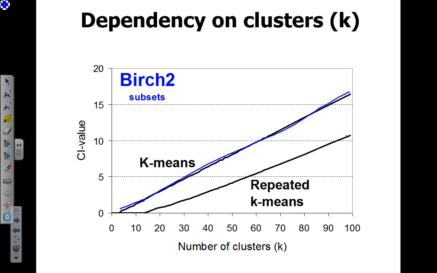Later, we will see the second curve also, by repeating K-means, what more we can do. But here you can see again the CI value: when we have very few clusters, yes, K-means will actually get the zero result, so we actually solve it. But then, the more clusters, the more errors, and pretty much a linear behavior with the number of clusters.